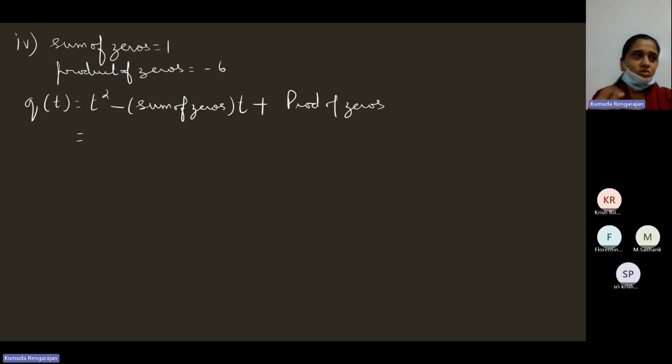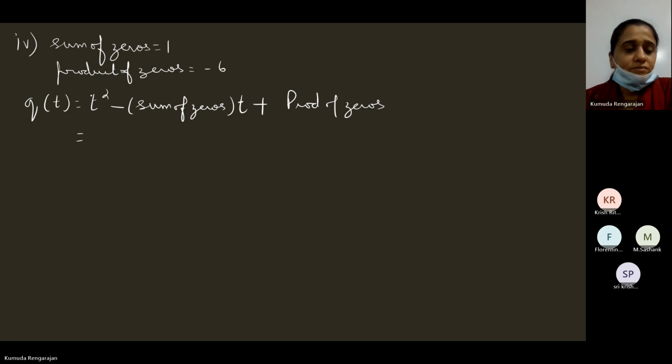If you're given the zeros, you can find the factors and multiply the factors. If you're given the sum and product, you can use the standard form: t square minus sum of the zeros into t plus the product of the zeros.